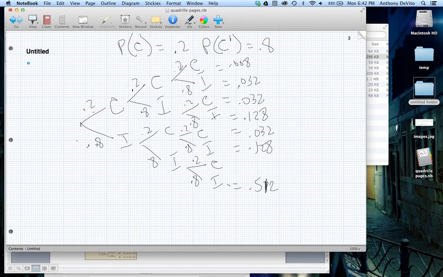Then 0.8 times 0.8 times 0.2, which sounds like a repeat, right? And 0.8 times 0.8 times 0.8, we already did that, 0.512. What should these all add up to? They should all add up to 1.